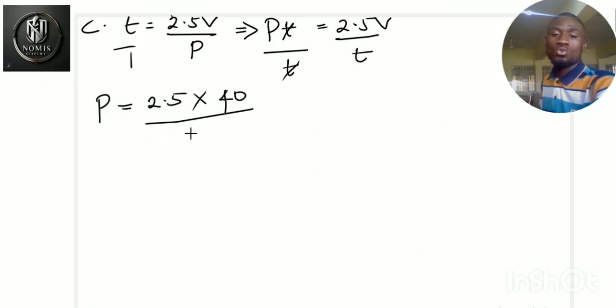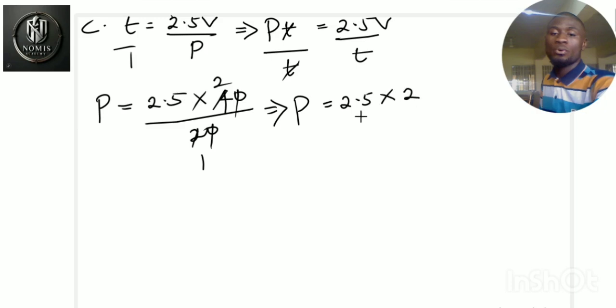So 0 cancels 0, 2 here 1 and 2 here 2. So we now have P equals 2.5 multiplied by 2. 2 times 5 is 10. We have 0, remainder 1. 2 times 2 is 4, plus 1, and that is 5.0.